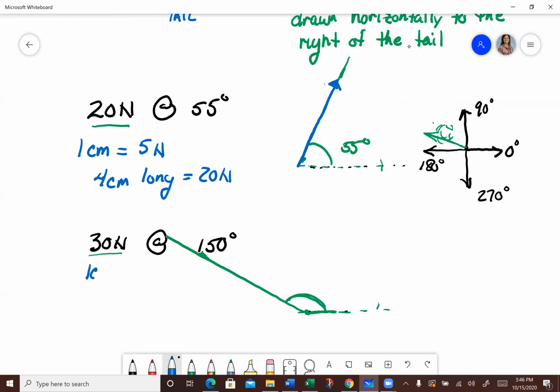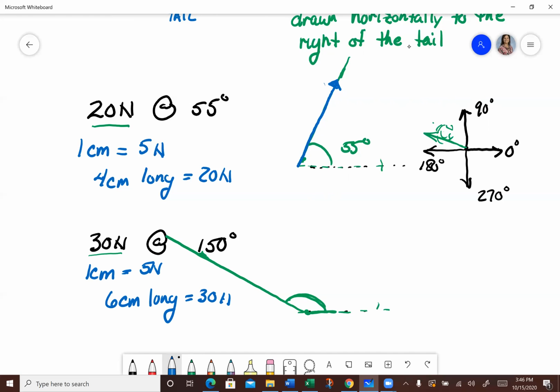So again, if 1 centimeter is 5 newtons, and I'm just making up the scale, you get to decide, or it's written on your paper. You have to come up with a scale that will fit on your paper. So if everything is 5 newtons, then I would need this to be 6 centimeters long for 30 newtons.